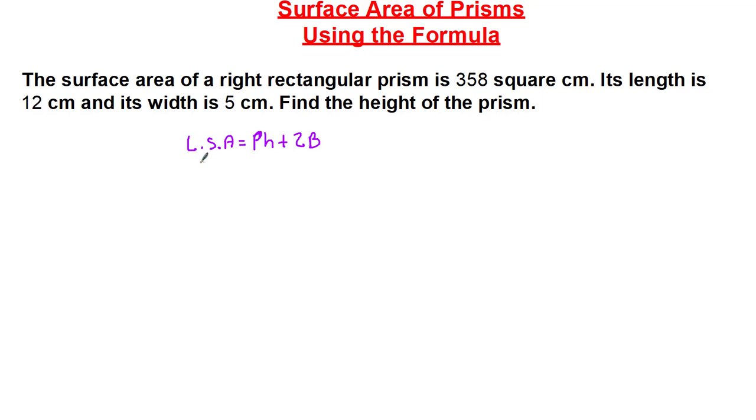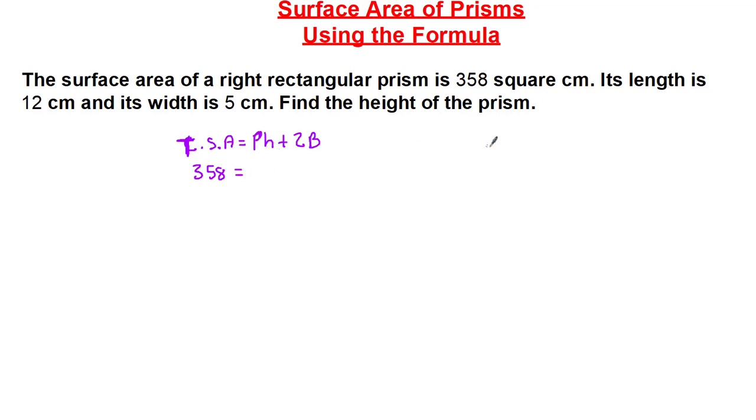Okay, so let's go ahead and just fill in the information that we have, and then we'll try to isolate what we don't know. Okay, so the first thing we have to notice is that we already know the TSA, sorry about that. We already know the total surface area. The total surface area is going to be 358 centimeters squared.